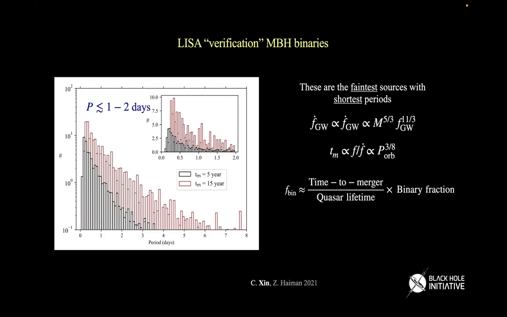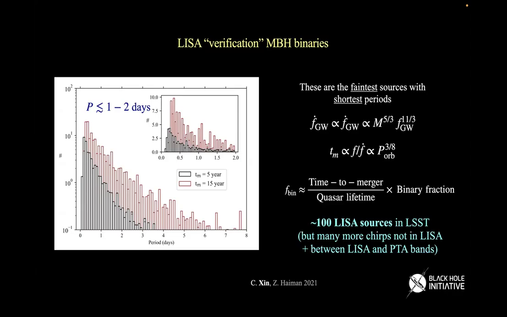If we use this simple assumption that the fraction of binaries at a certain time to merger is proportional to Tm over the entire duty cycle of the quasar, we get this simple relation that the fraction of binaries you get is proportional to this very small fraction times whatever binary fraction you assume is associated with quasars. So in this work, we actually use 1, which gave us the upper limit on this number.